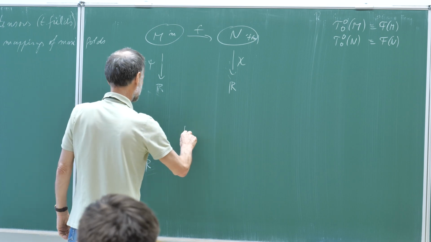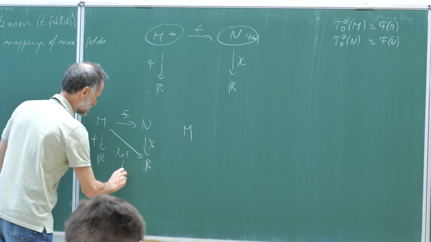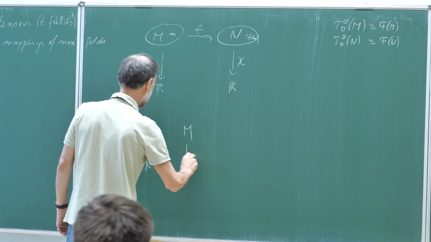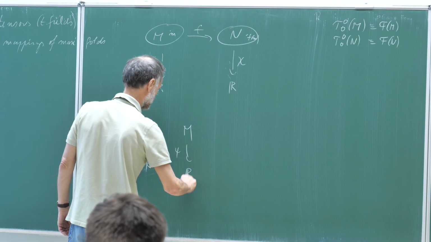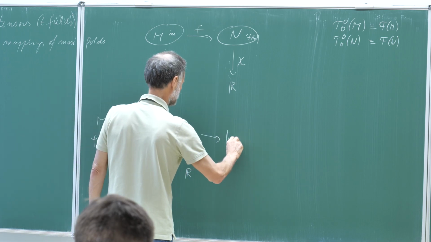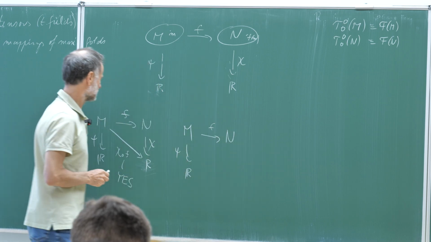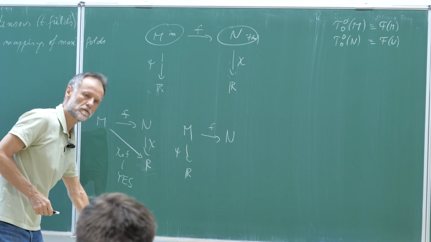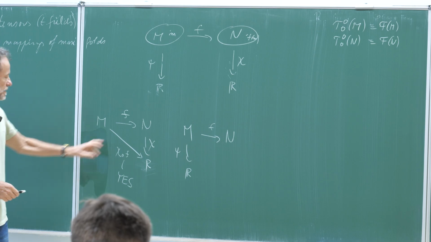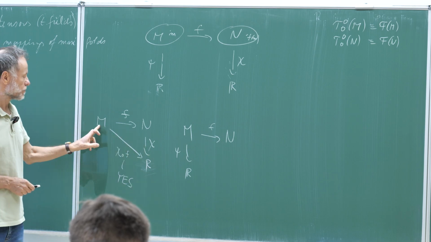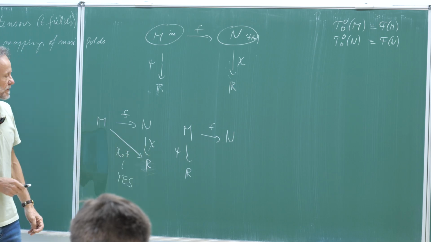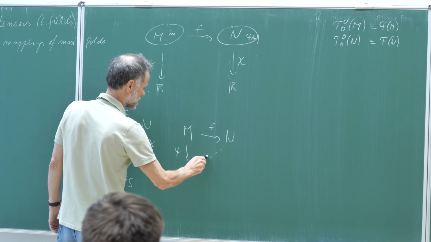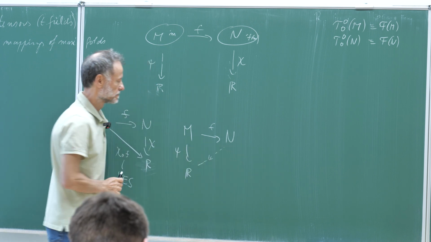But here, in this picture, maybe without this, yes, it is better. If this exists, also this exists. But here, the question is whether there is some mapping going here?